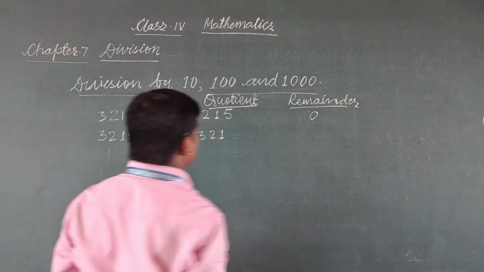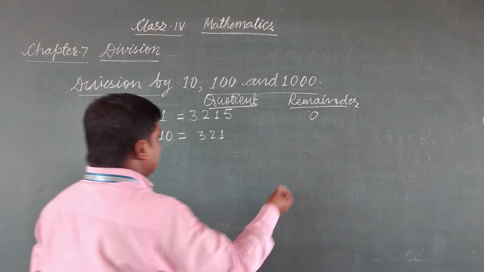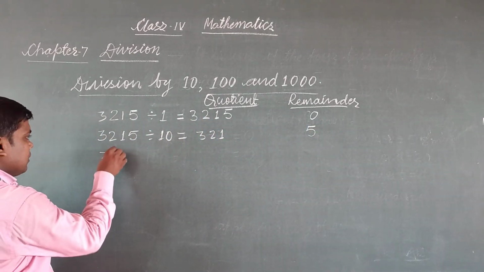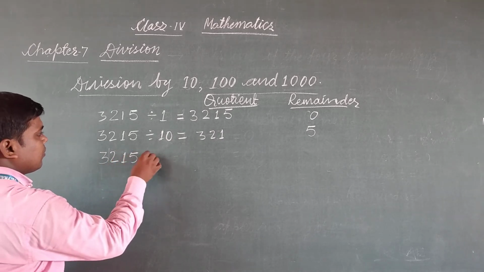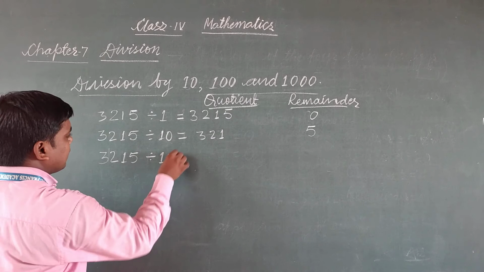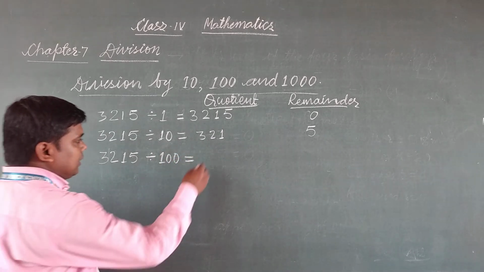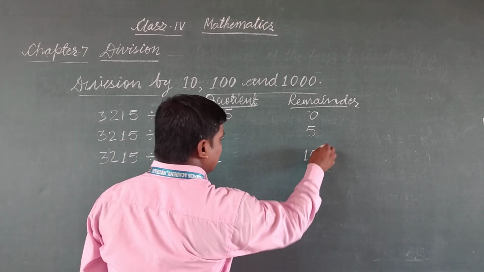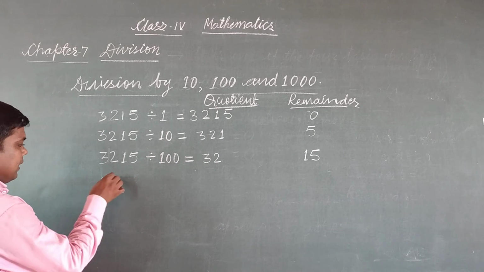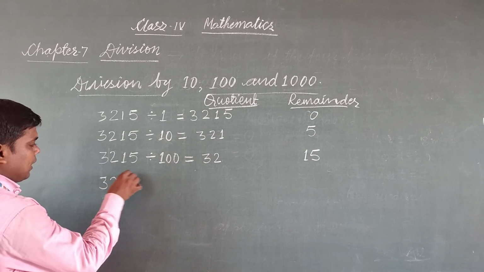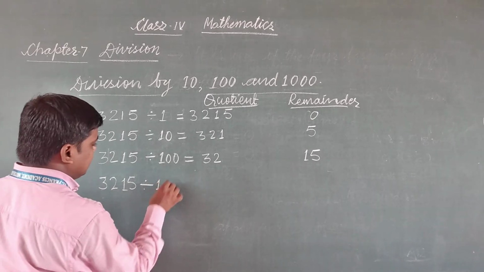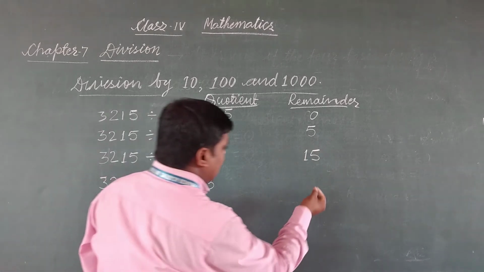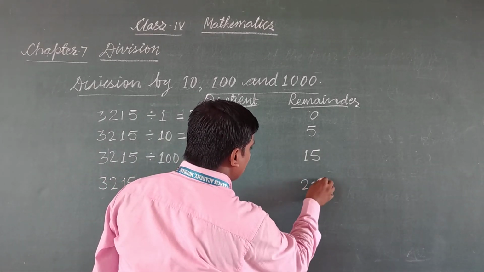In this case the remainder is 5. When we divide 3215 by 100, our quotient will be 32 and remainder will be 15. When we divide 3215 by 1000, our quotient will be 3 and remainder will be 215.